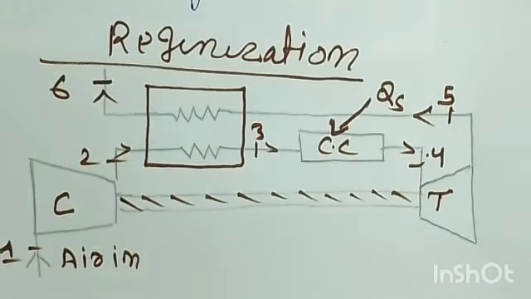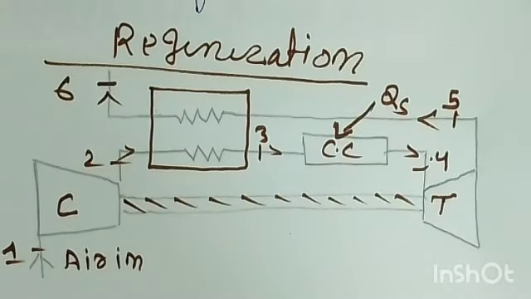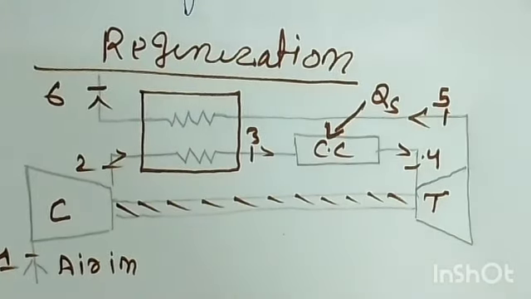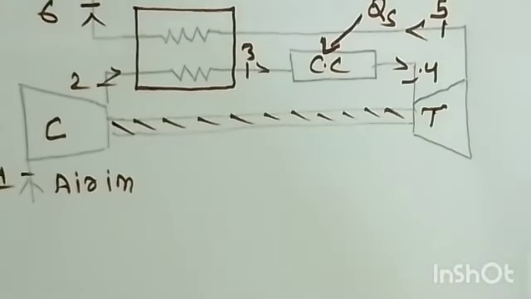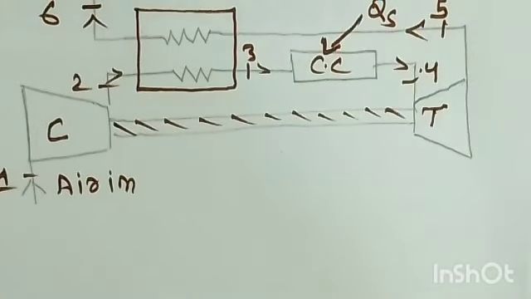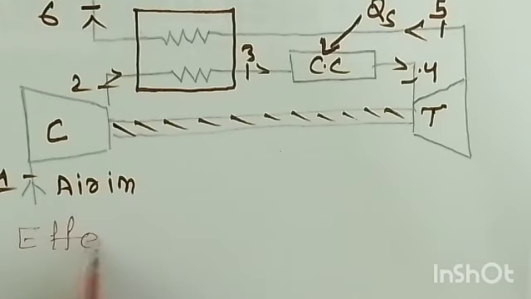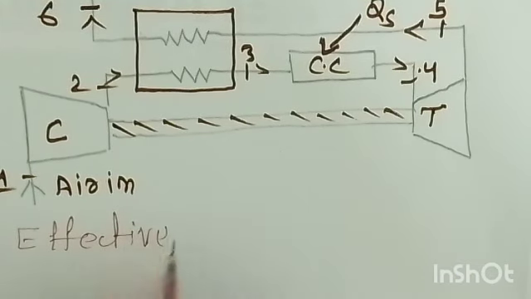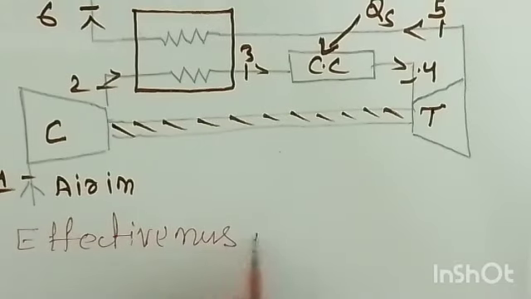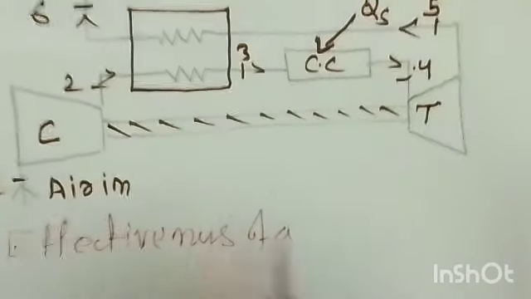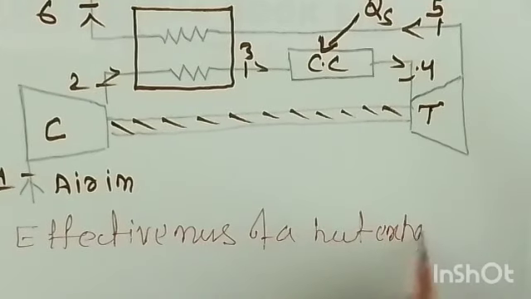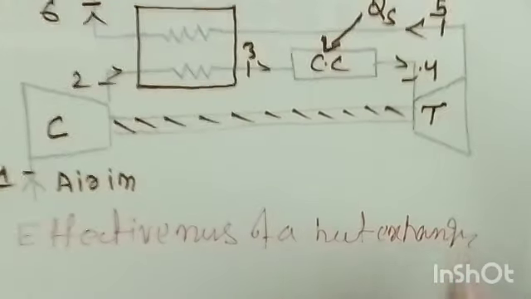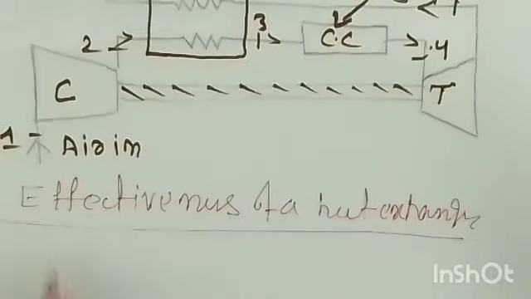Now here we will see the effectiveness of a heat exchanger, right? So make a subheading: the effectiveness of a heat exchanger. The effectiveness of a heat exchanger is symbolically epsilon.